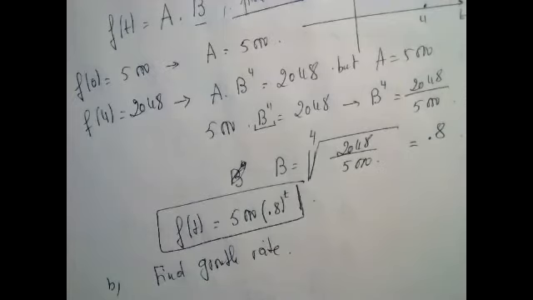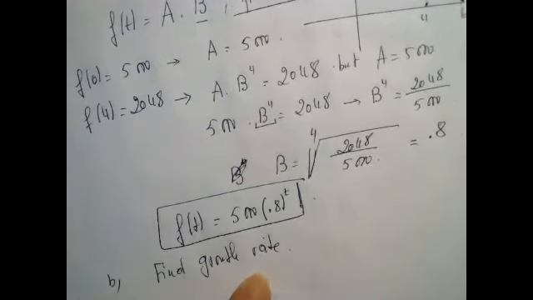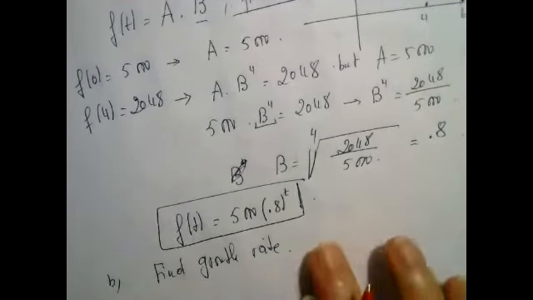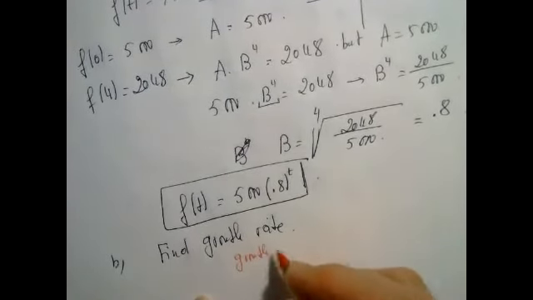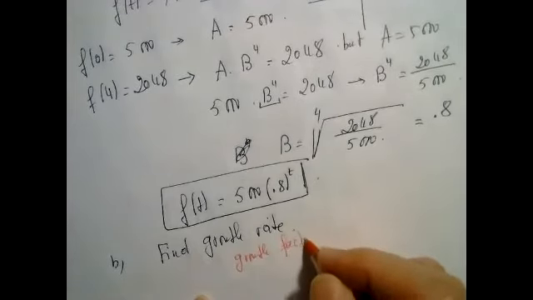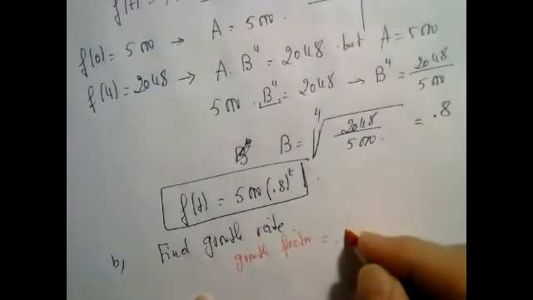Again, put your answers on chat before we do them. I want more answers. So now we have, this is the formula. It means here, the growth factor is 0.8, right?